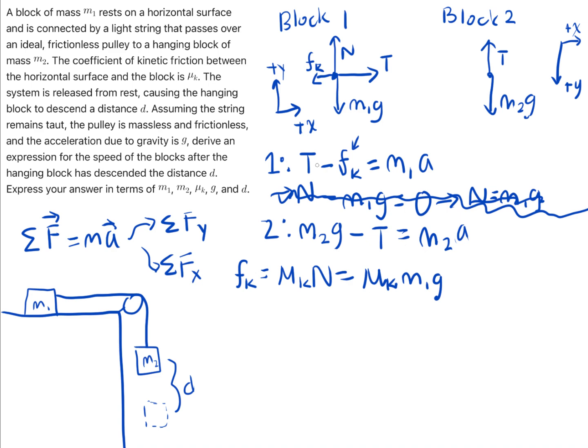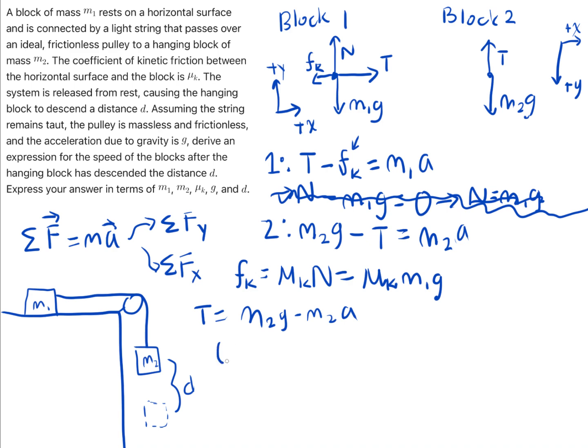And now this is just a system of two equations and we can solve for T. So if we rearrange the second equation so that T equals m2g minus m2a, and then we can plug this value of T into the first equation.